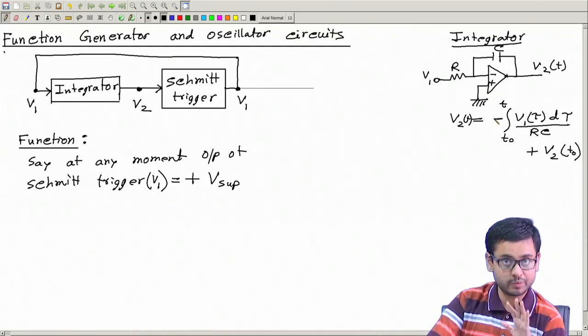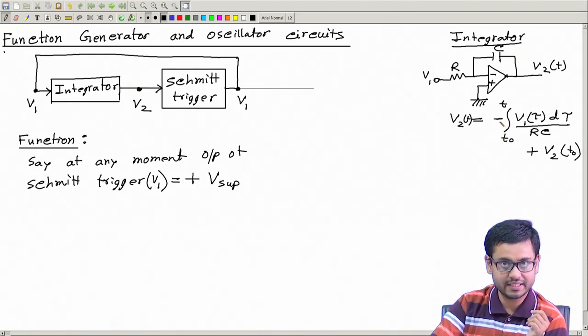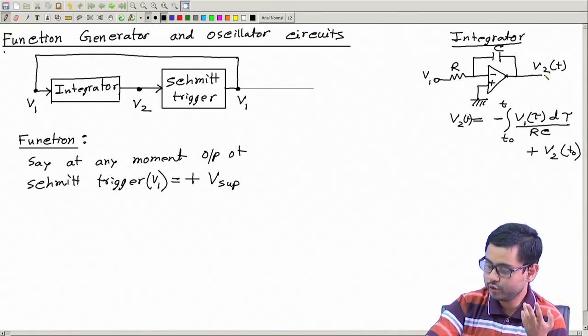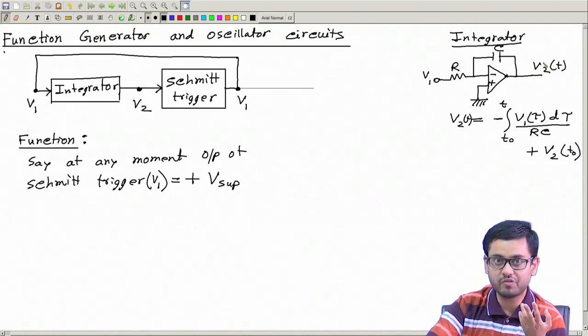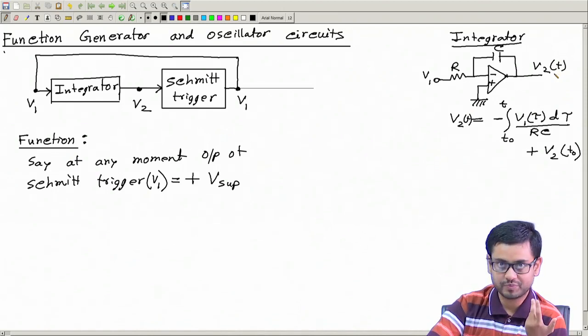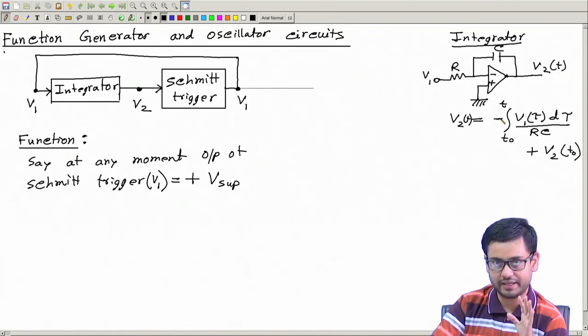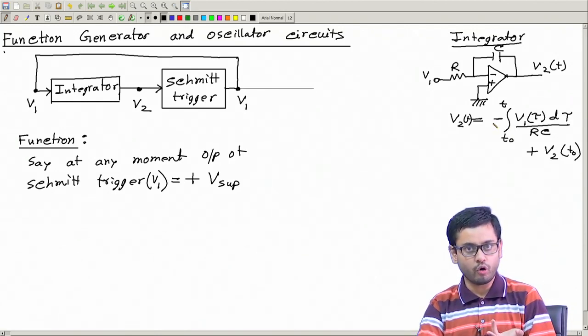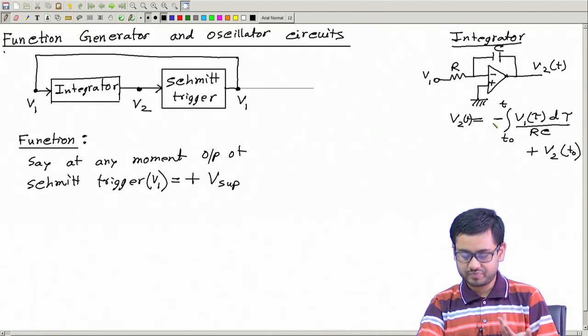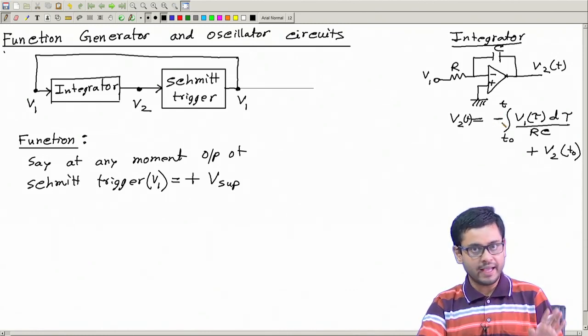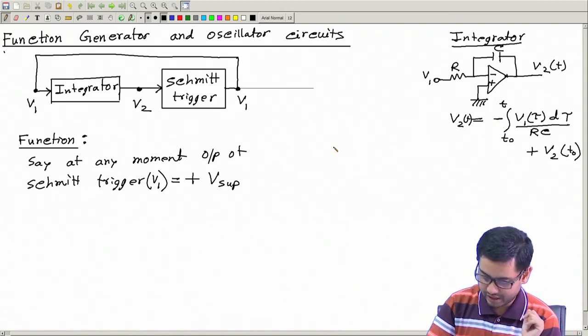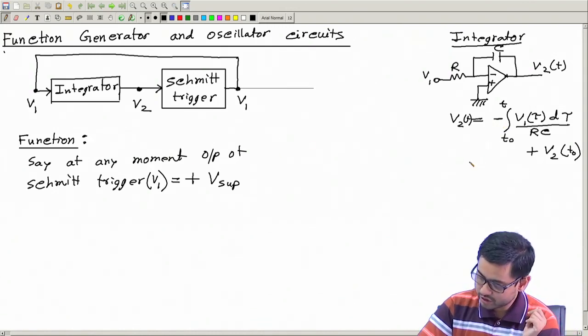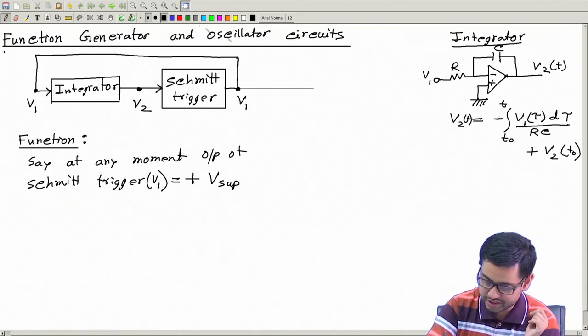If you do not like this minus sign, you can also make an integrator without it. How? Simply take an inverting amplifier at the output of this op amp, which will change the sign of the output, and then you can get rid of this minus sign. So you can go in either direction, with or without the minus sign. I shall use the minus sign in my analysis, so just note this minus sign.